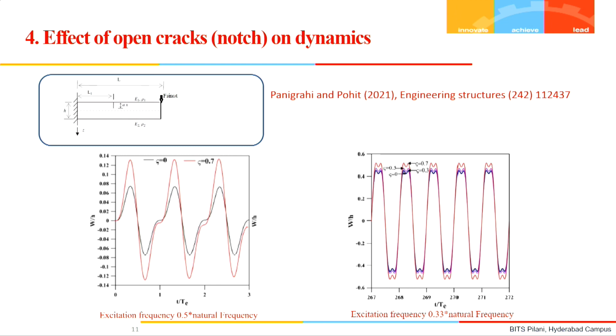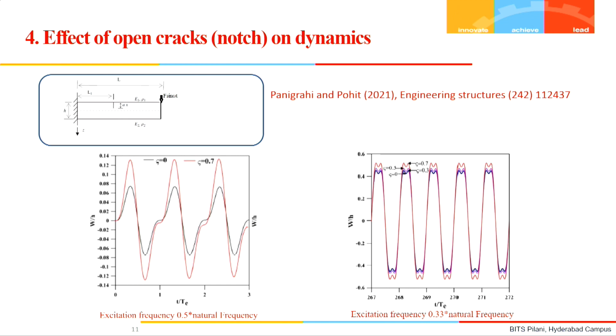This is the displacement history of a healthy beam. The black curve is for the healthy beam, and the red curve is for the cracked beam. This is a steady state response. Obviously, the amplitude for the cracked beam is quite high compared to the uncracked beam.